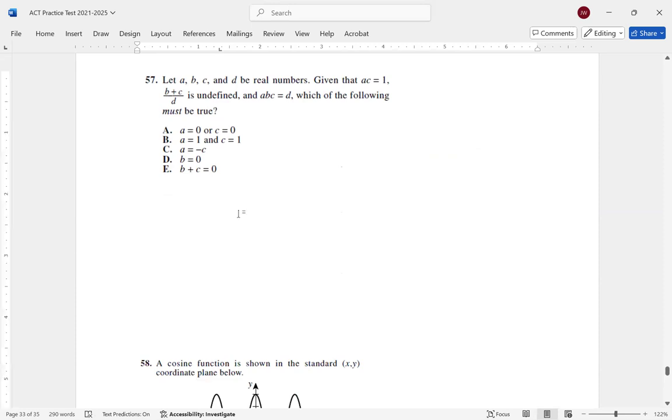Question 57. Let A, B, C, and D be real numbers. Given that AC is equal to 1, (B plus C) over D is undefined, and ABC equals D, which of the following must be true?